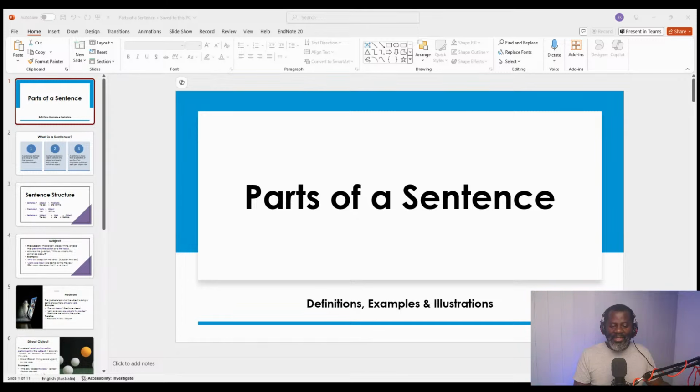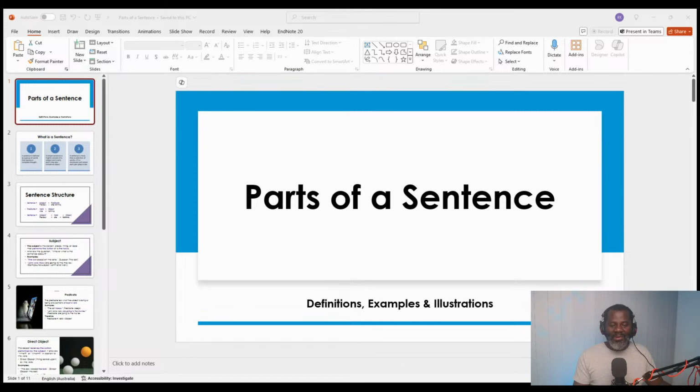So John and Mary is a compound subject, and we use the verb are going to show the plural firstly and to show the action, which is going to the movies. So that's it about subjects.